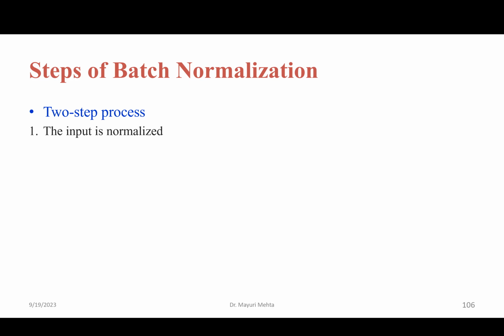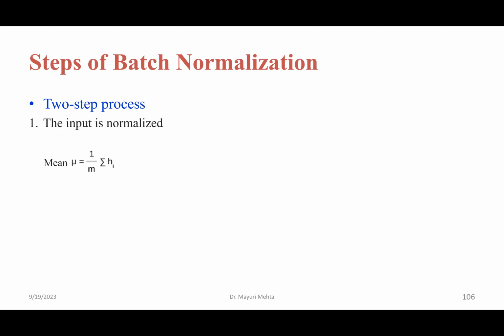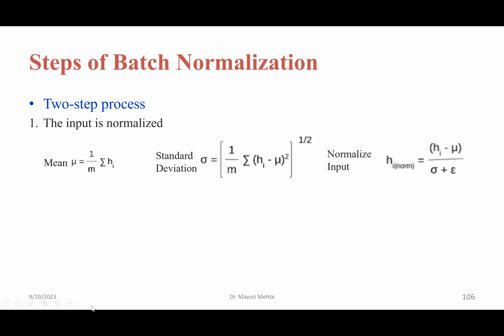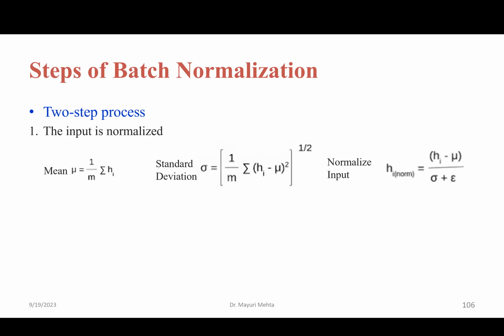In this first step, the mean is calculated first. I'll show you all these terms. The mean is calculated using this formula; you can see that the formula of the mean is given.